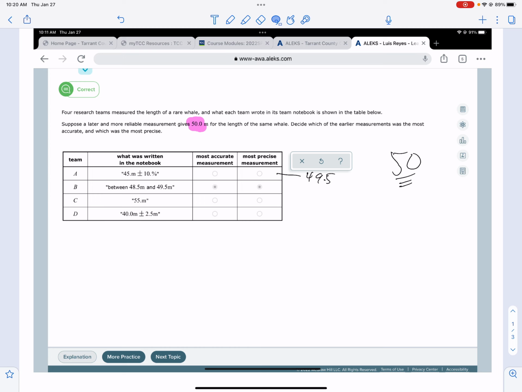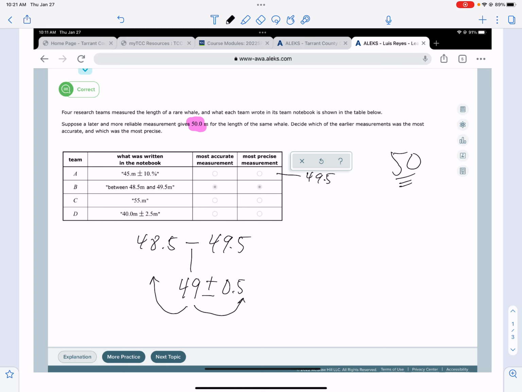The next number is between 48.5 and 49.5, which means the number is 49 plus or minus 0.5. That gives us 49 minus 0.5 is 48.5, and 49 plus 0.5 is 49.5.